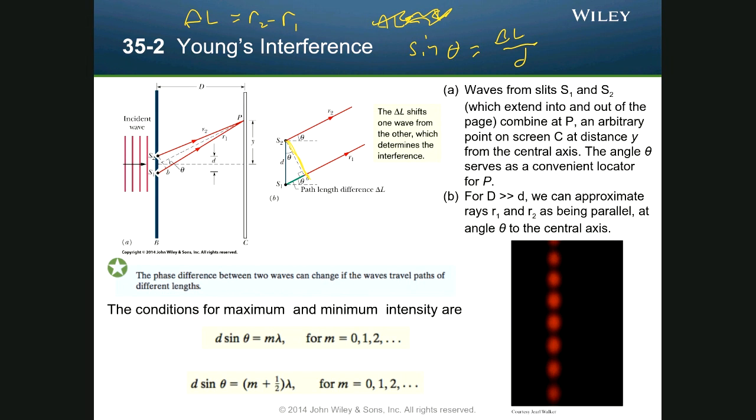And so this is just using trigonometry. So that implies that delta L equals d sine theta.